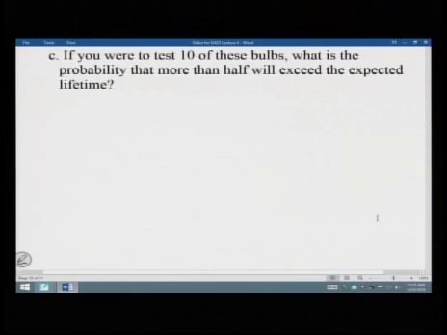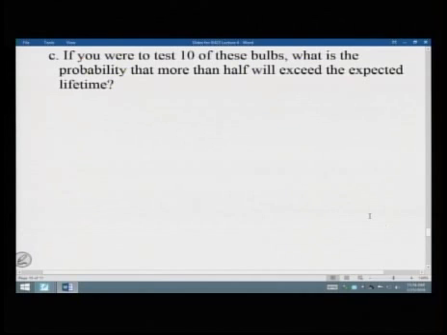Going back to the Bernoulli trial, a single trial whose outcome is either success or failure, if we repeat that trial n different times, then a binomial random variable counts the number of successes within those n trials. It is asking for the probability that more than half of the 10 bulbs will exceed their expected lifetime, so we need to use the binomial distribution.